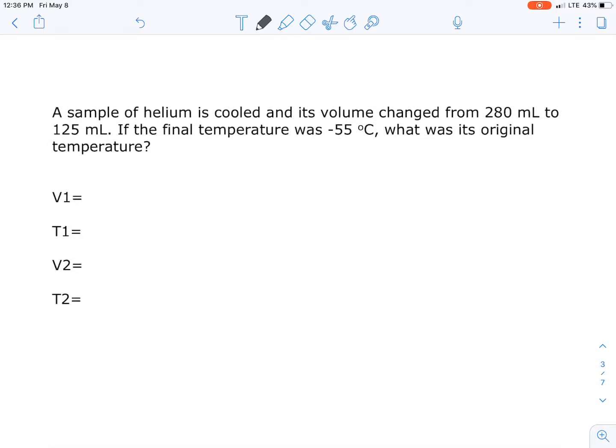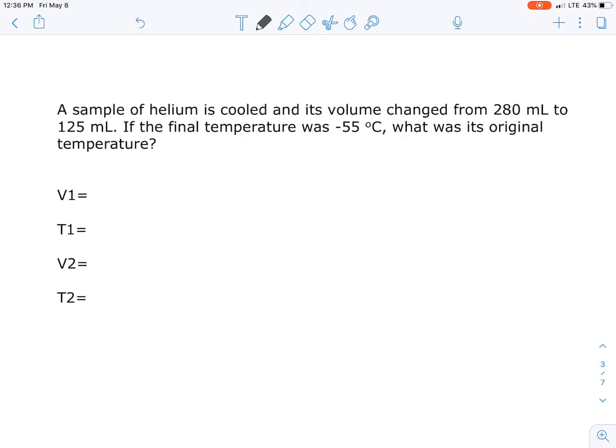All right, now we have a similar type thing. And this time, we're solving for temperature. So I want to do one where we're solving for temperature, just because of the algebra. So we have 280 milliliters that was changed to 125. So let's put that 280 for V1.